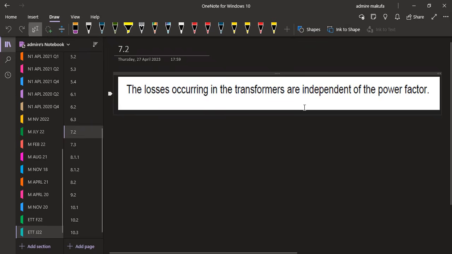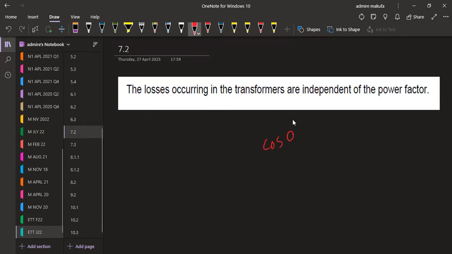They do not depend on power factor. Remember, power factor is where we have cos theta, and cos theta affects the true power, since we are given VI cos theta. So they do not depend on the power factor. That's why the rating is only in volt amperes, which is only volts and what? And current. So that is the idea that we are given there.